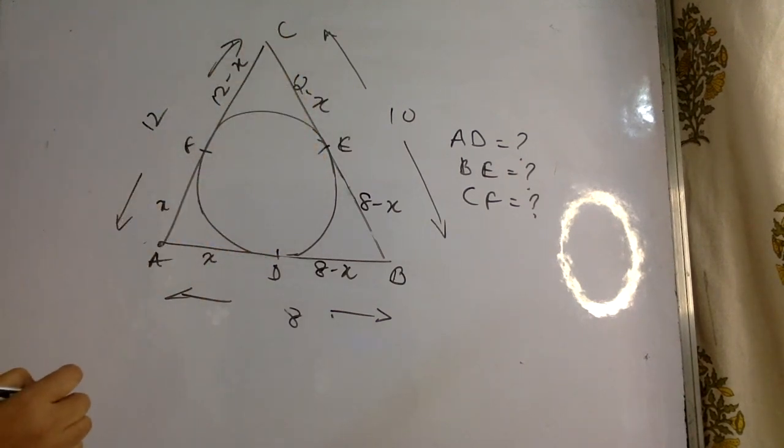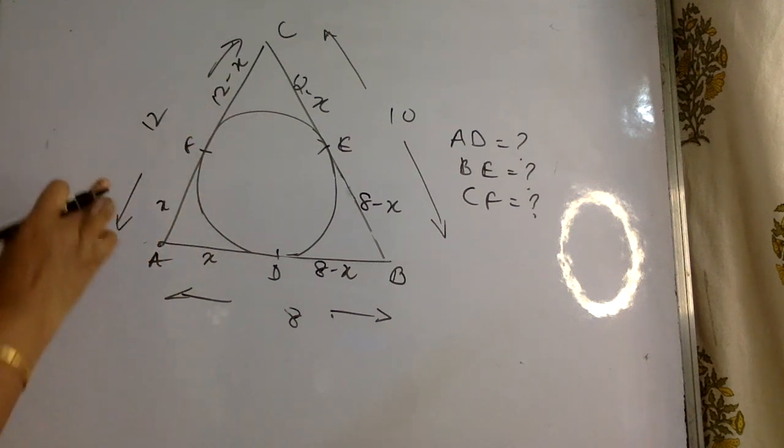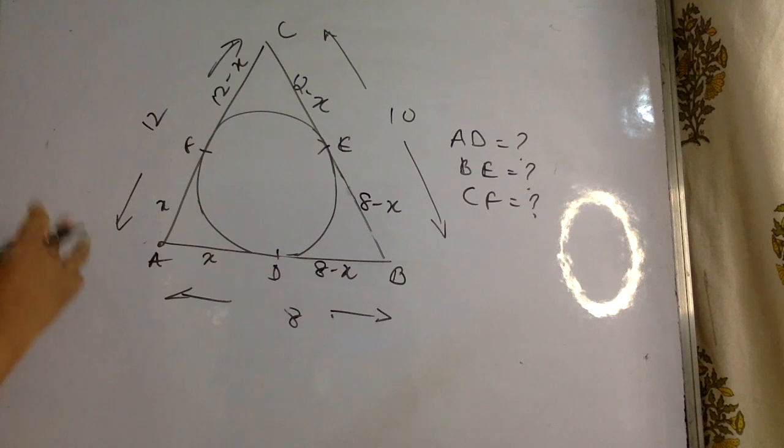In these sums I'll tell you one thing. In a hurry, you might go wrong sometimes when you take more than one variable. Don't take more than one variable in these kinds of sums. You tend to go wrong in it. Now, which one should I make the equation with? That is the big thing. Here if I do 12 minus X plus X is 12, I can't get the value of X because X and X will cancel.